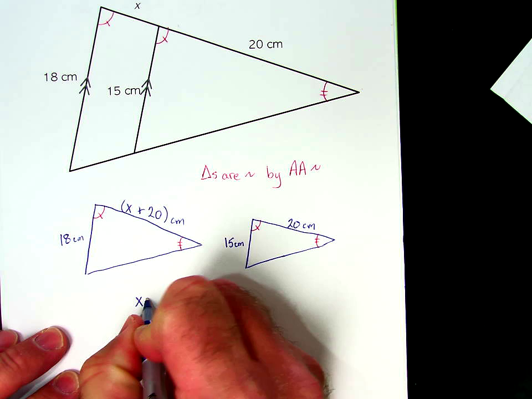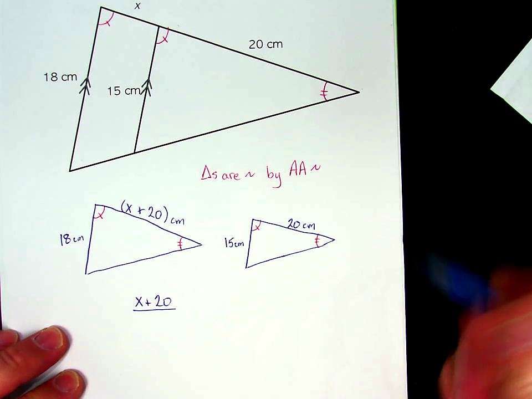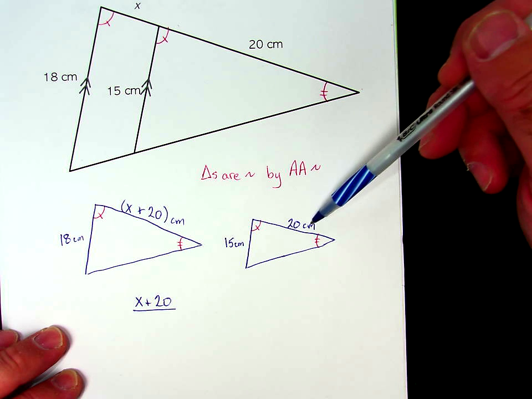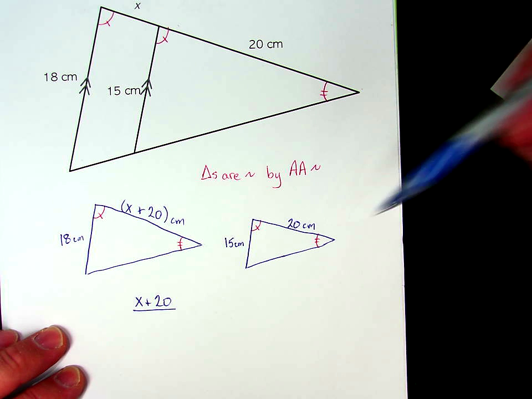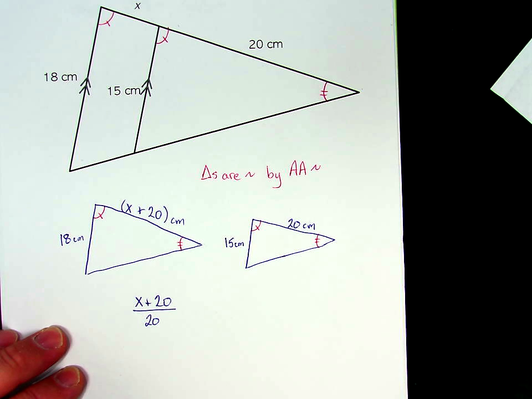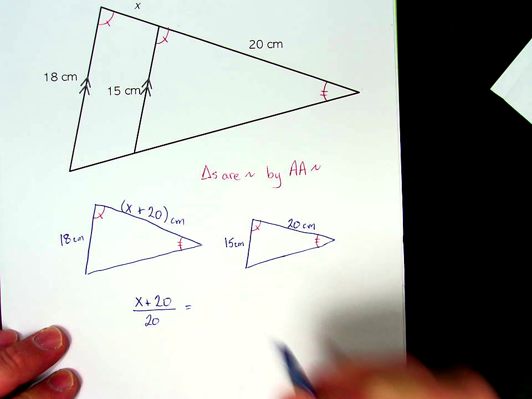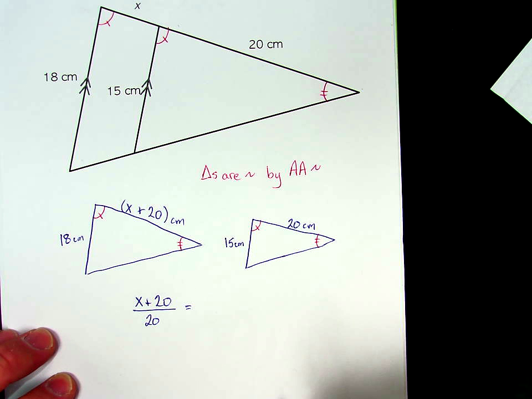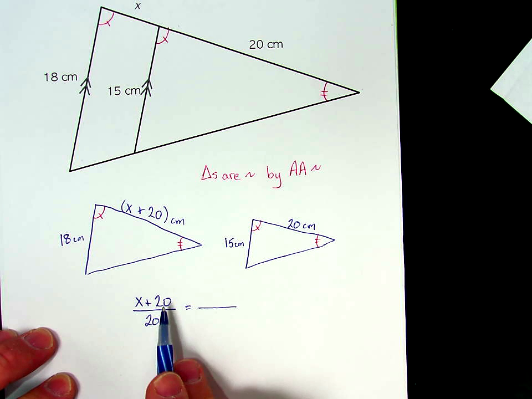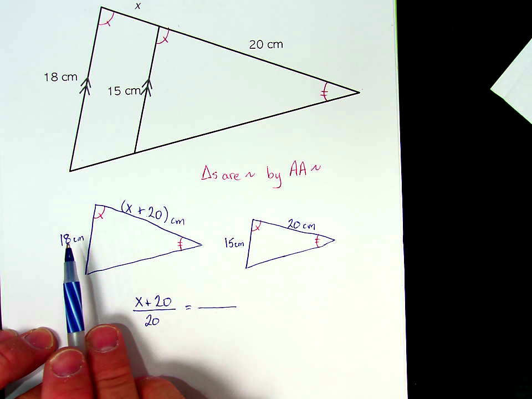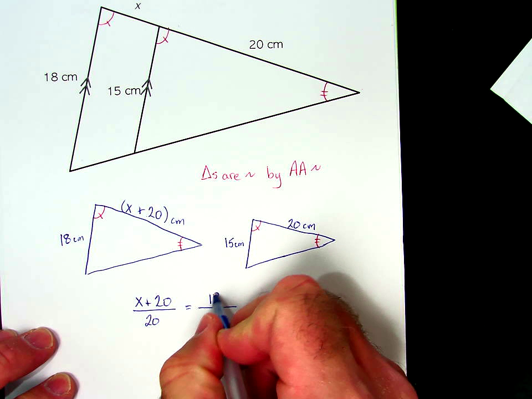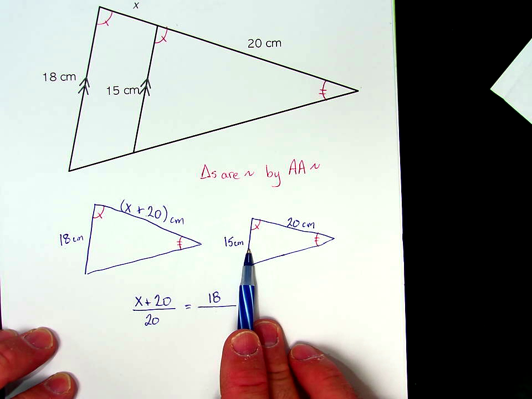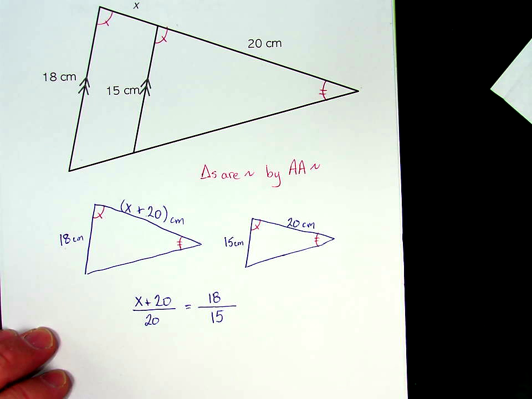So x plus 20 in the triangle on the left, notice it's between these two angles. That would correspond to the 20 centimeters for the triangle to the right. So notice my order. Numerator was the triangle on the left, denominator was triangle on the right. So I want to keep that same order. So triangle on the left, I also know that one's 18 centimeters. So corresponding to the triangle on the right would be 15 centimeters.